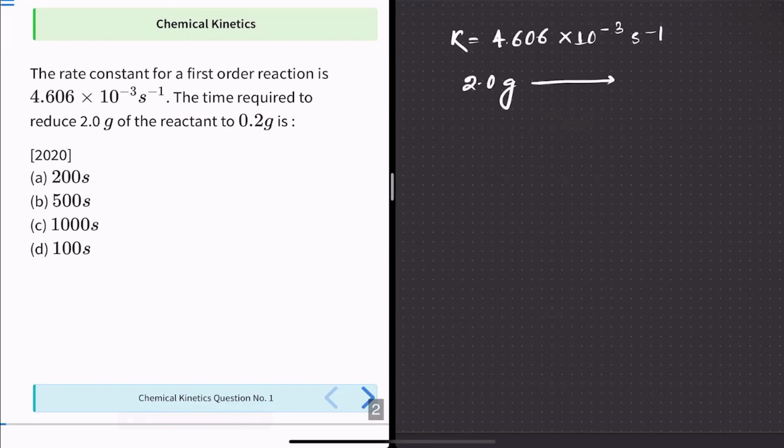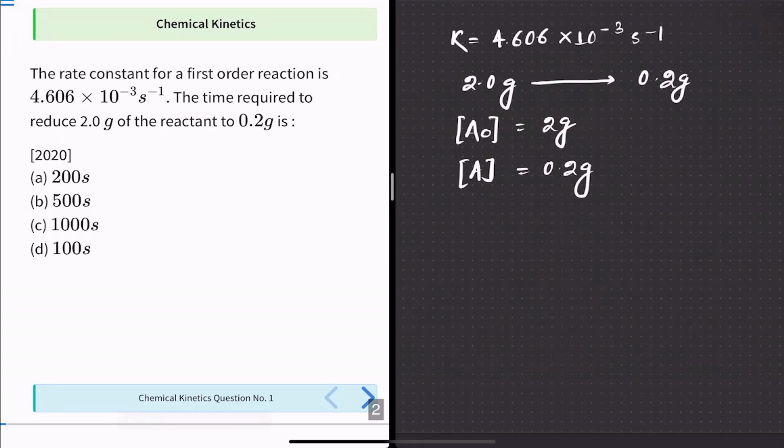reactant into 0.2 gram. So here A naught, the initial concentration, is 2 gram. A, the end concentration, is 0.2 gram. For the first order reaction, we use the integrated equation.